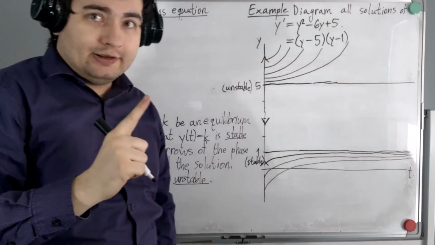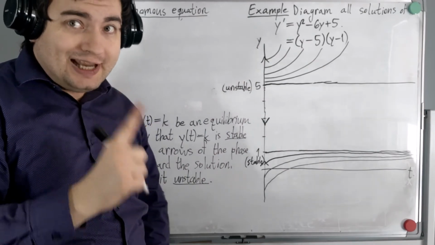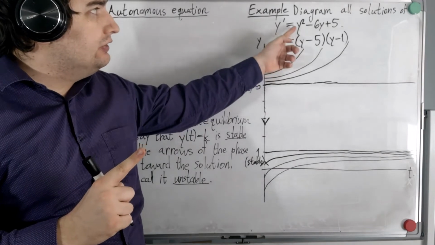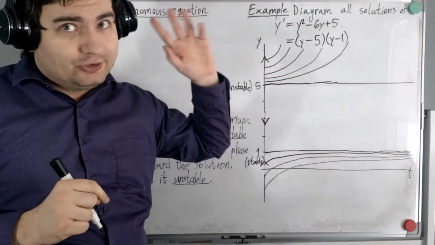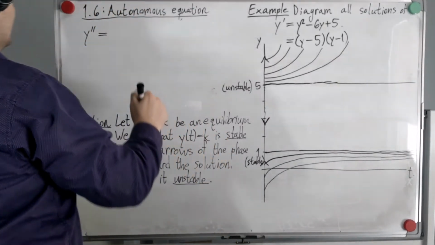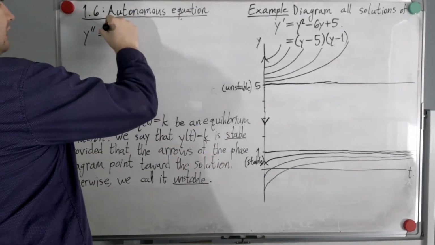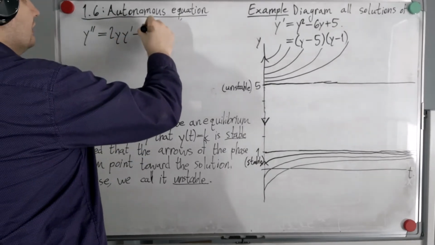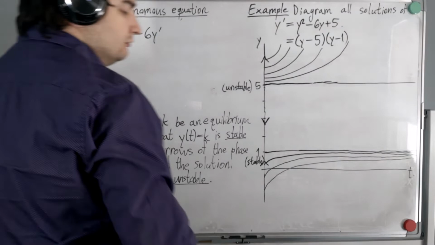Now note that we are taking the derivative with respect to t, not y. So the answer here is not 2y minus 6. That would be the derivative with respect to y. What we want is the derivative with respect to t, so we actually have to use the chain rule here. 2y y prime minus 6y prime.